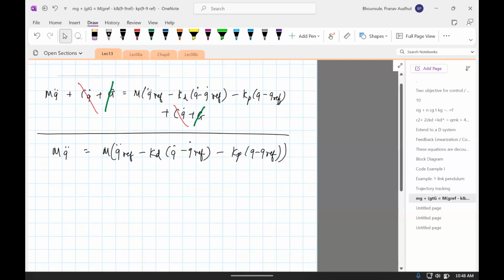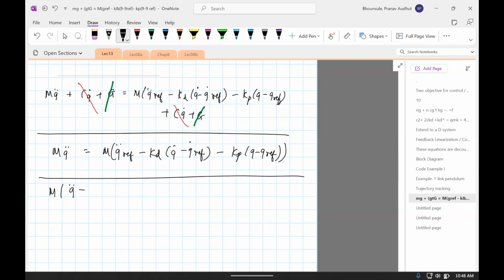So we'll move the right hand side to the left, and we'll end up with m times (q double dot minus q double dot ref) plus kd (q dot minus q dot ref) plus kp (q minus q ref) equals 0.